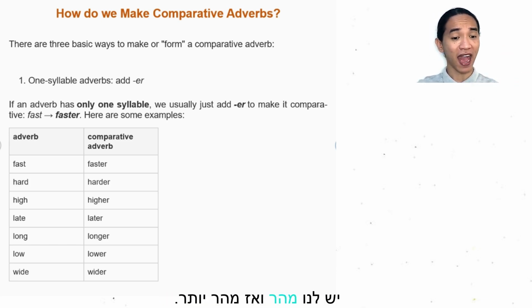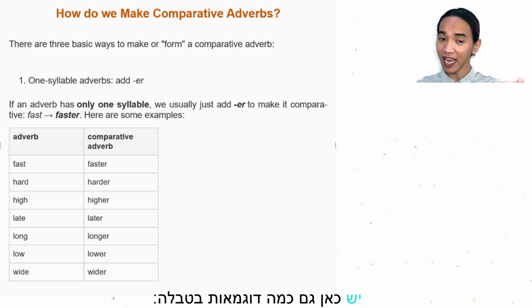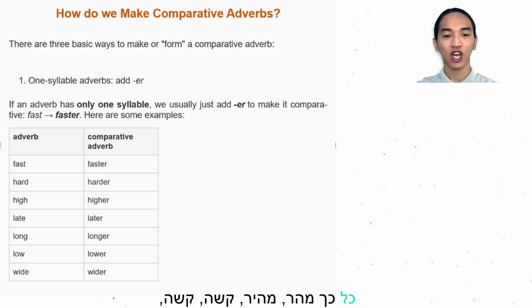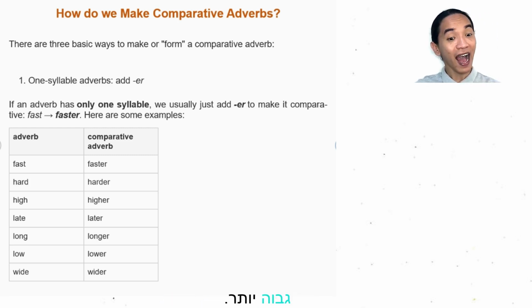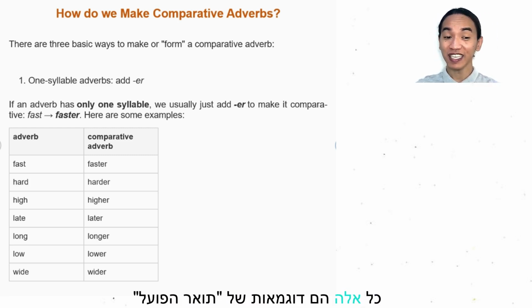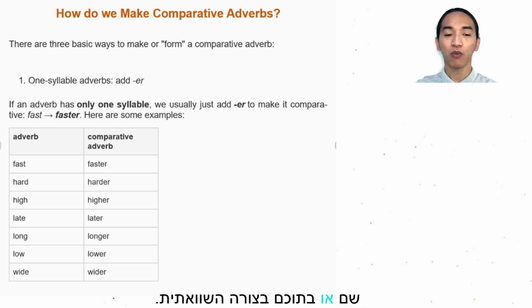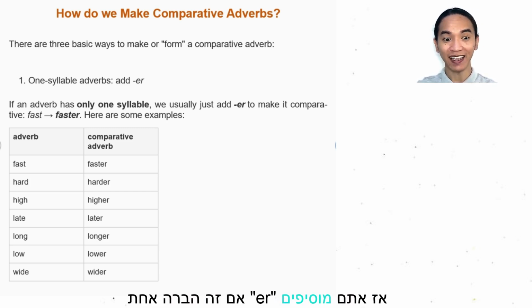Example, we have fast and then faster. And we also have some examples in the table here. So fast, faster, hard, harder, high, higher. So these are all examples of adverbs in their comparative form. So you just add er if it's one syllable.